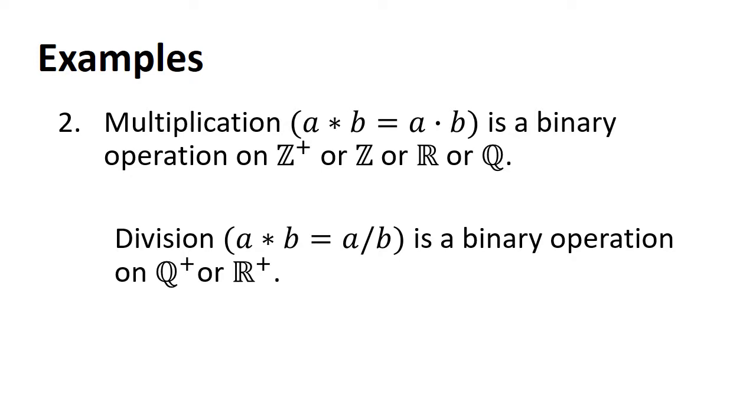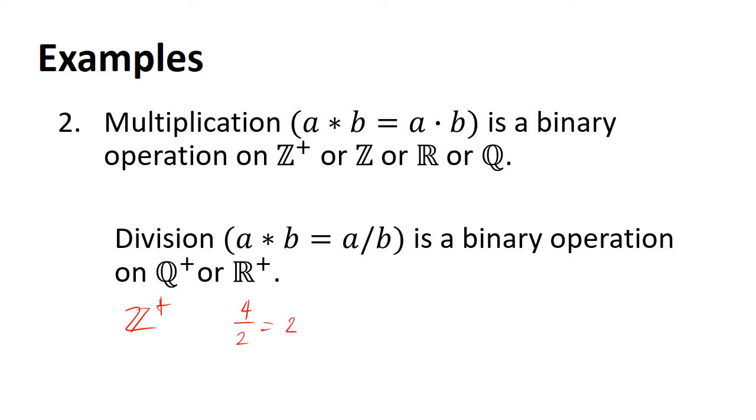I will give an example. On the set of positive integers, we may not always get a positive integer as a quotient.